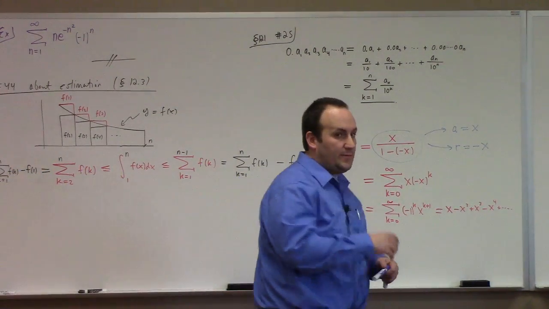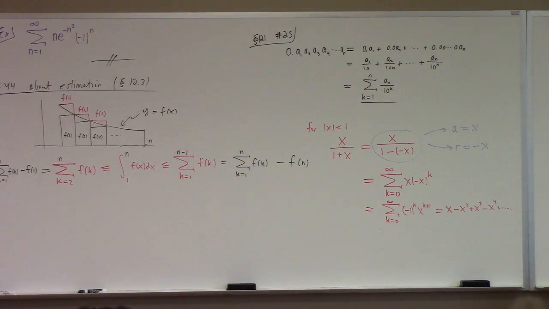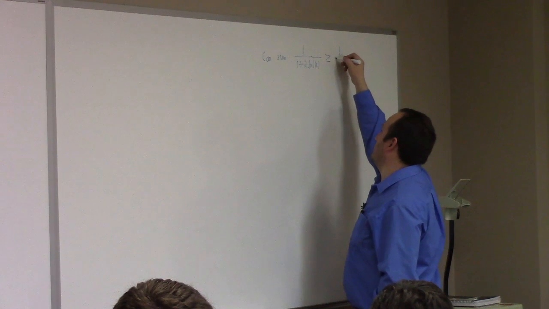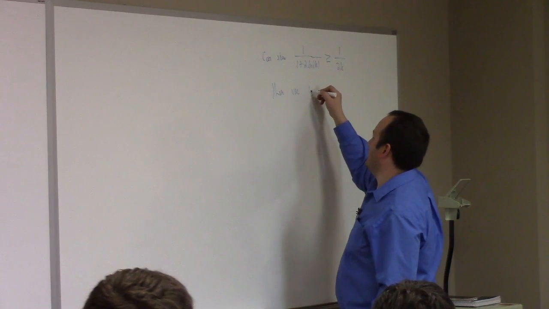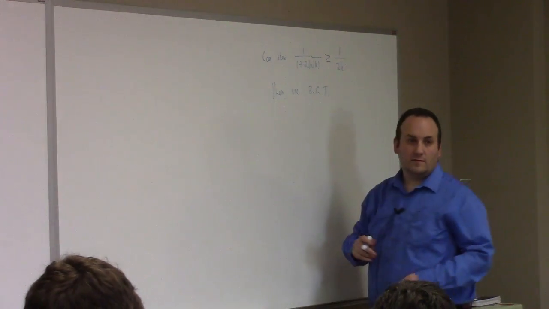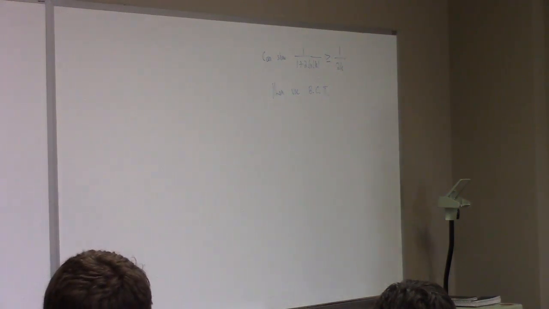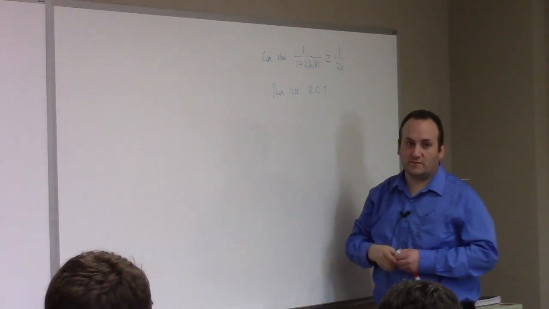It took us a little work to come up with the comparison. You can show 1 over 1 plus 2 ln k is greater than or equal to 1 over 2k. Then use the basic comparison test. I'll post the video later today. In the video, I show how you can show that using calculus. It's somewhat involved.